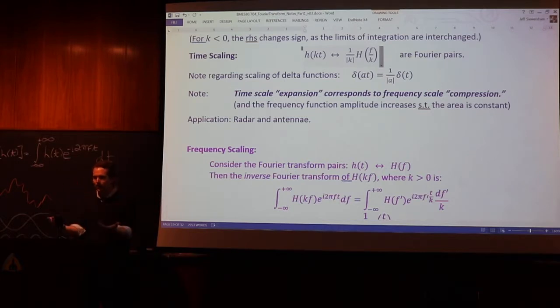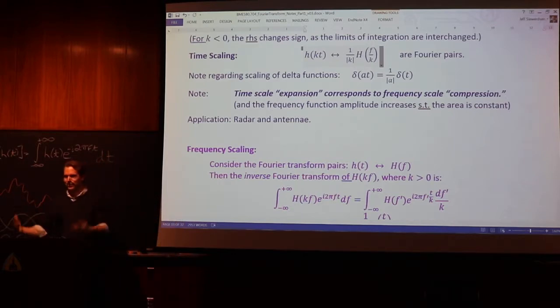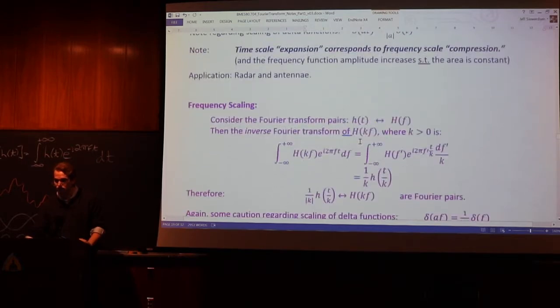For example, a sound of a certain frequency expanded is a sound that's a lower frequency. Oh, you knew that already. And that's time scaling. And the amplitude changes such that Parseval's theorem is preserved.